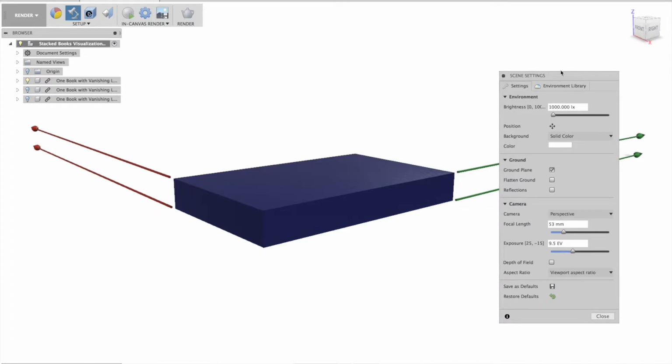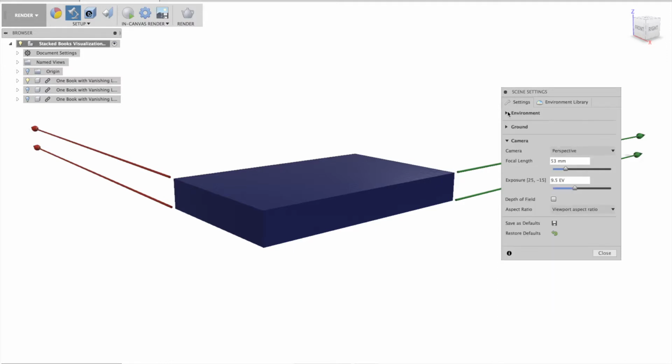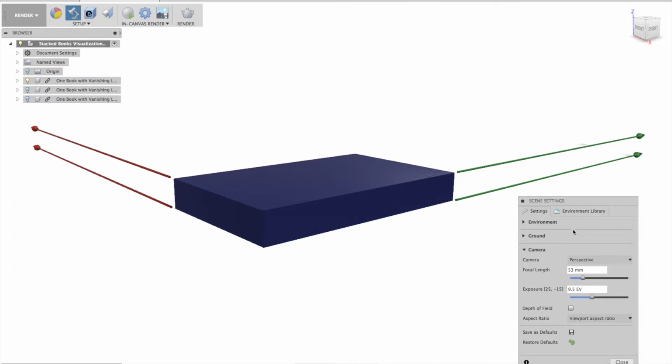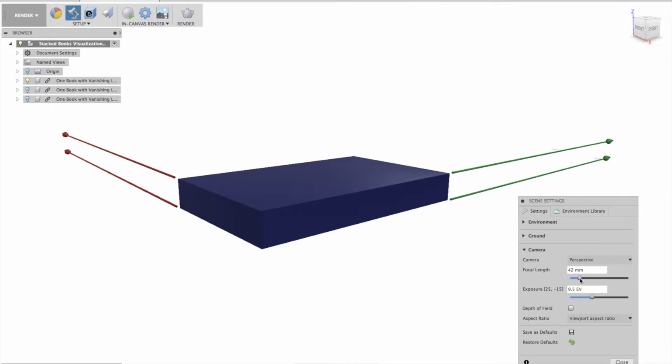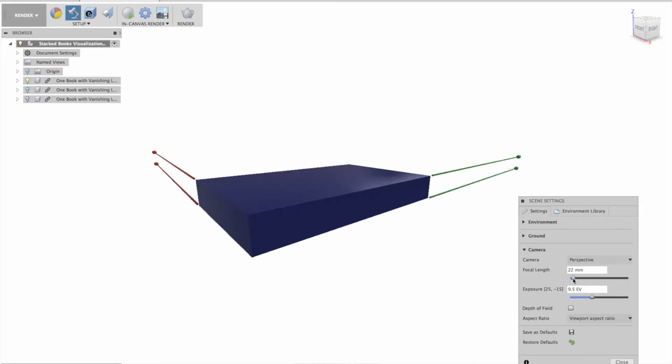And so watch what happens as I adjust the focal length of the camera. And what this maybe simulates is pulling that book closer to my eye. But notice that the perspective has been exaggerated.